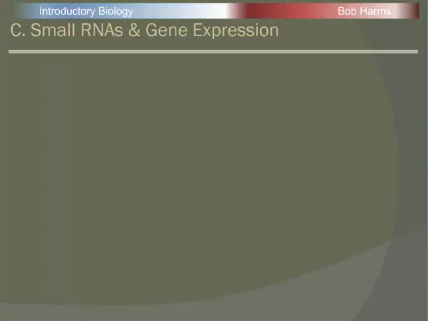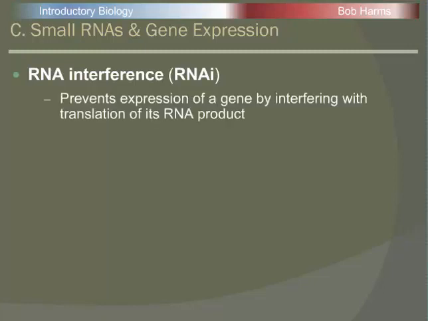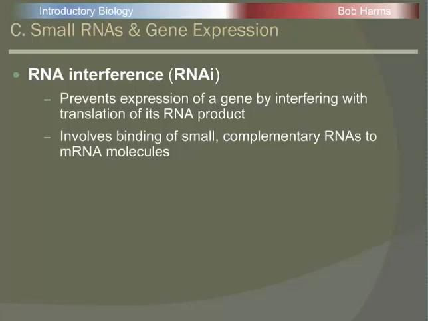And there are lots of different types of these RNAs. A couple of types I just want to mention that we know a little bit more about. These are RNAi, which stands for RNA interference. These are small RNAs that are going to interfere with the translation of messenger RNA into protein. Typically, these interference RNAs bind to their matching messenger RNA.